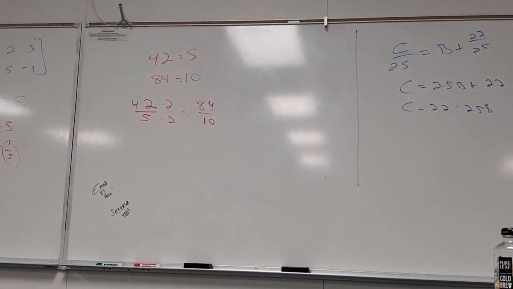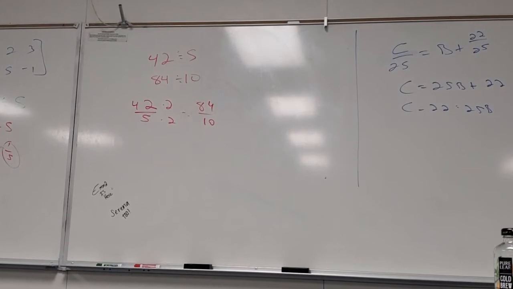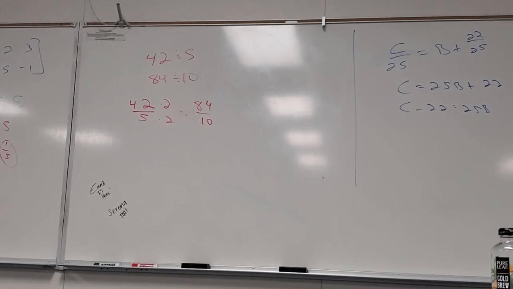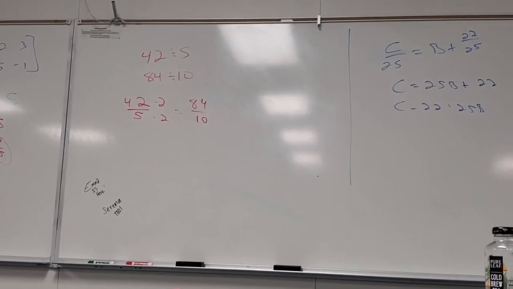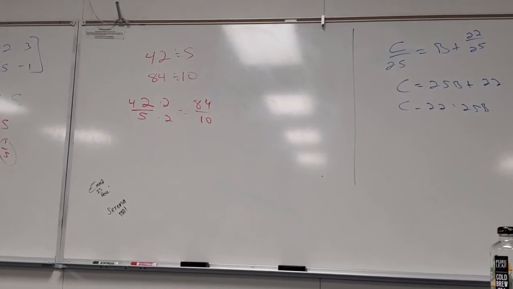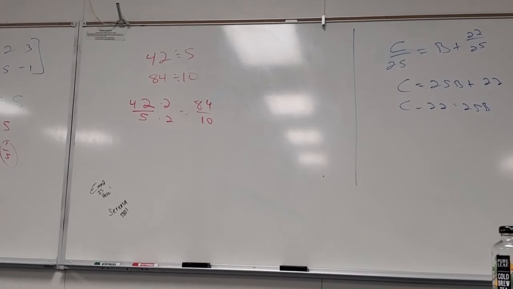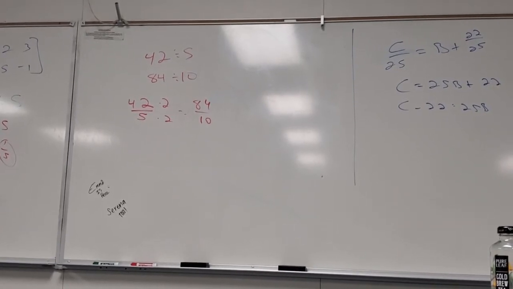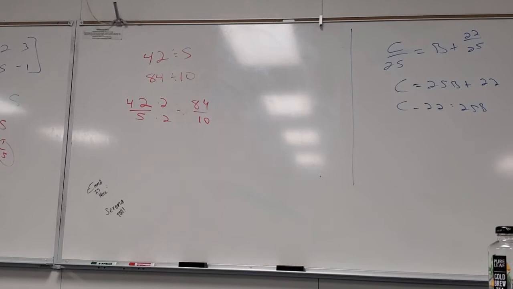Anybody else? Is there a different way? Here's one other way. I'm going to have to multiply those, right? 0.15 times 47.31.